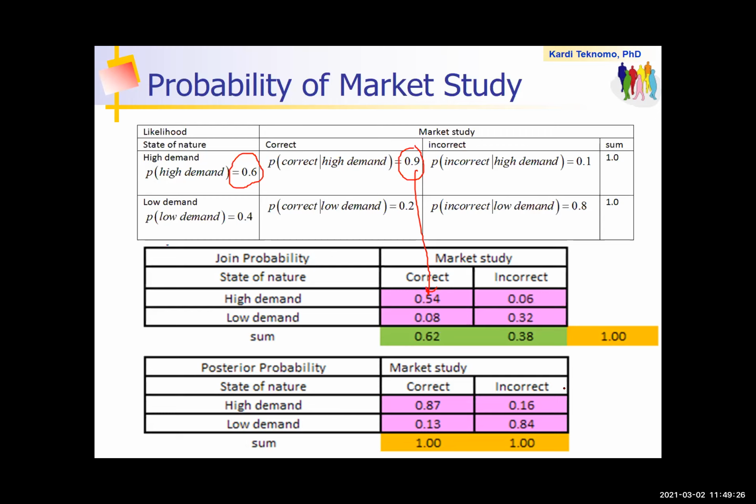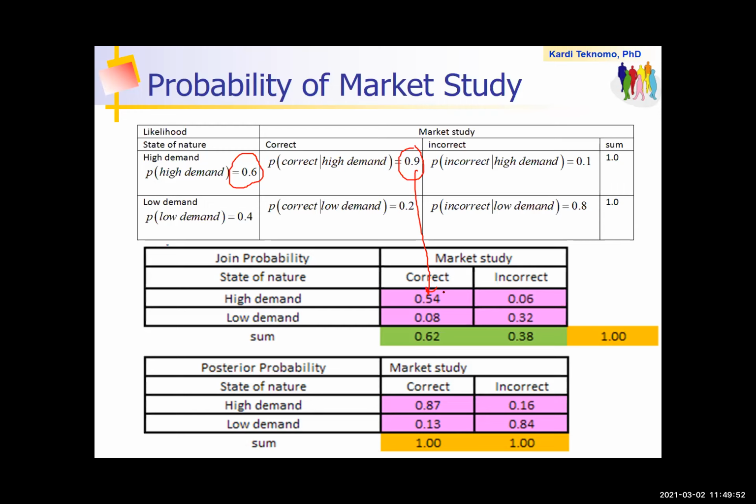Then you can calculate what is called posterior probability. What is posterior probability? Posterior probability is based on Bayes theorem. So in this case, look at this number.